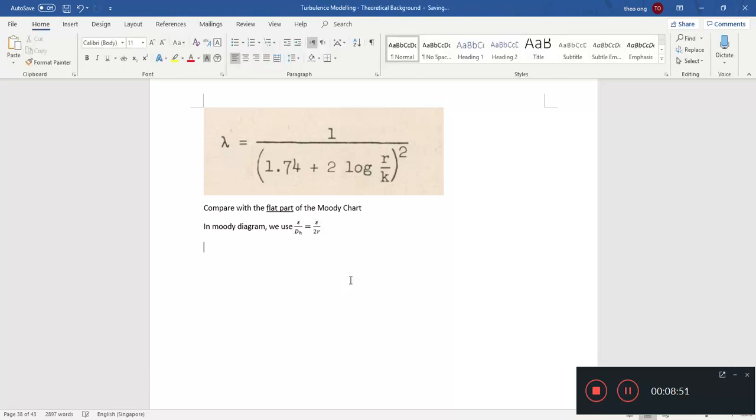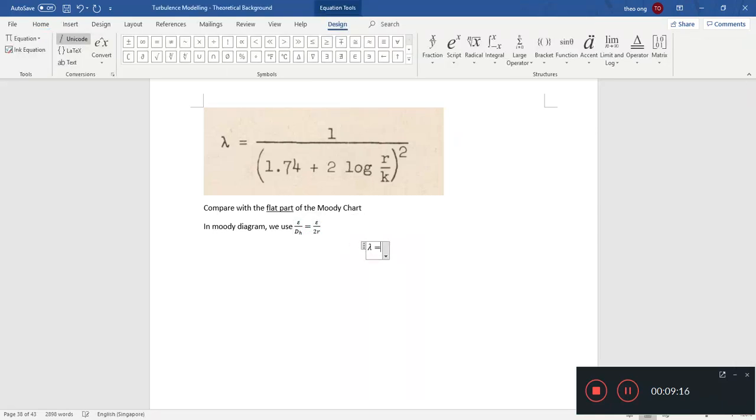So over here instead we have a lambda here. So this is actually half of, let's make this lambda expression in terms of relative roughness first. So first, I'm just going to copy and paste that.